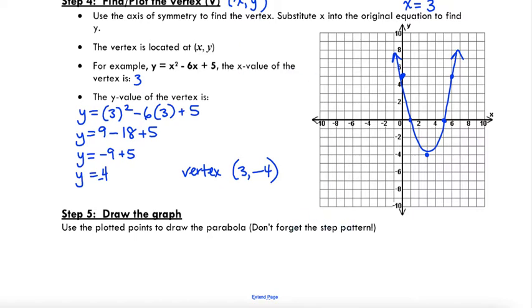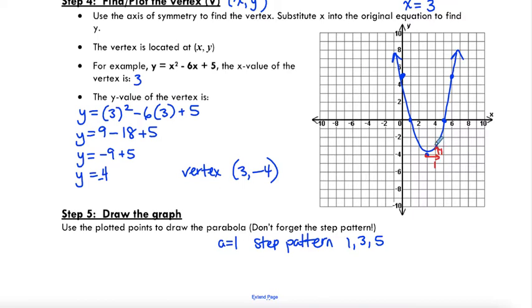You're going to learn about the step pattern more in grade 11, but for our equations, when the a is equal to 1, the step pattern is 1, 3, 5. So what does that mean? Well, that means from our vertex, we go over 1, and we go up 1, and that gets our next point on that graph.